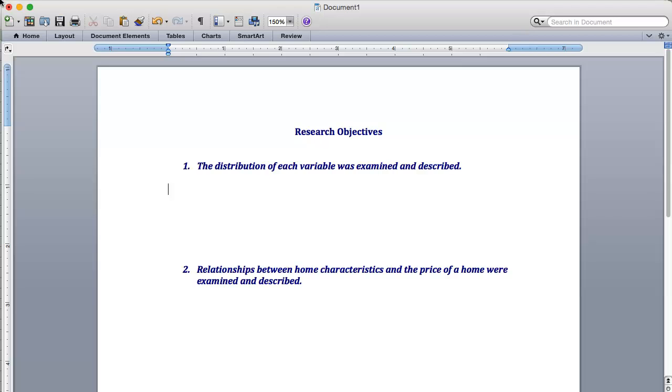So to get started, we're going to identify our variables and what type of data they are. So the income variable is quantitative, and the household size also is quantitative. The amount charged, also quantitative. And we have age, which is quantitative.